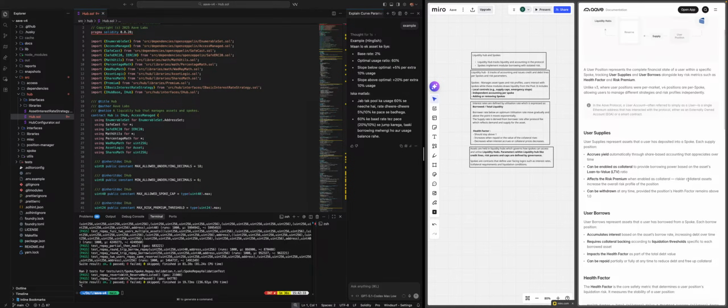Yep, it affects the risk premium when enabled as collateral. Riskier collateral assets increase the overall risk profile of the position.